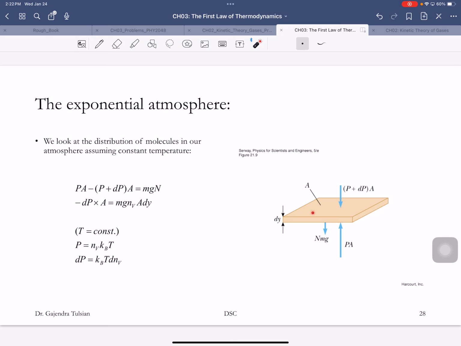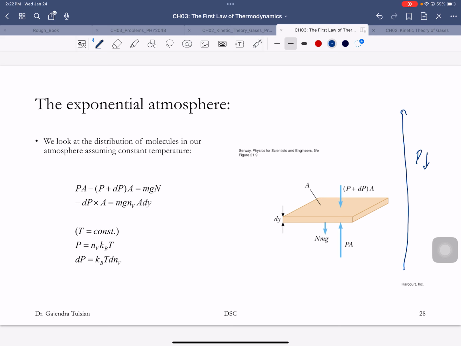So if it's not falling down, there must be an upward force equal to the weight of this slab. That means that the pressure at the top is lower than the pressure at the bottom. That's the only way it won't fall down. So from that fact, you have concluded that as you go higher, the pressure is decreasing.